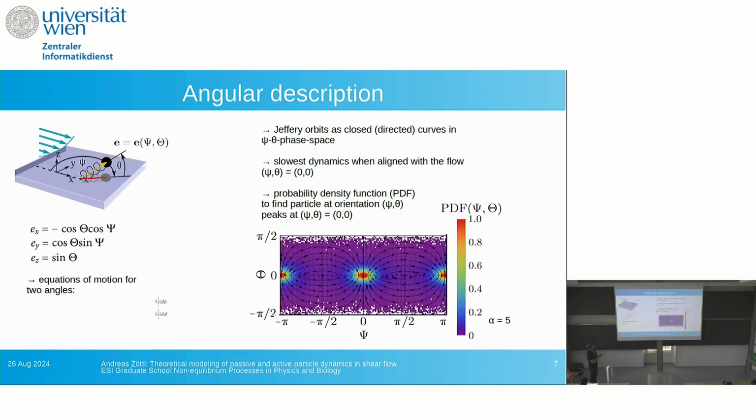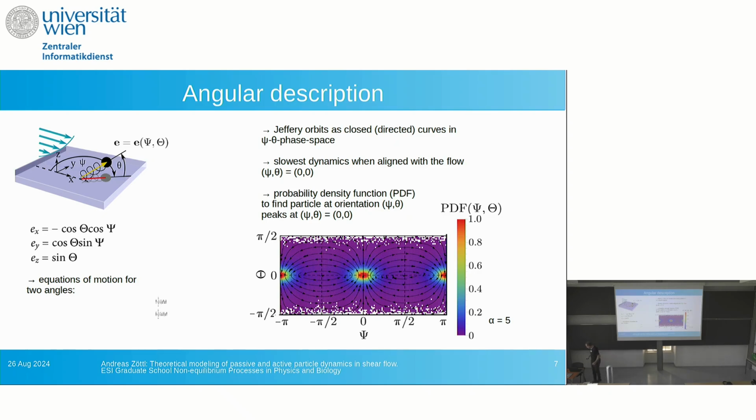And the Jeffery orbits, which are these periodic solutions, are just closed, directed curves in this phase space. Directed because you go along a specific direction on the unit sphere. These are essentially the same trajectories I've shown before, these black lines. Depending on the initial condition, you have these orientations.